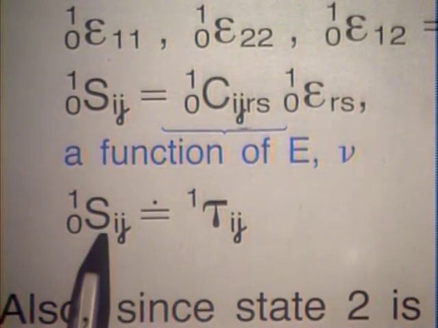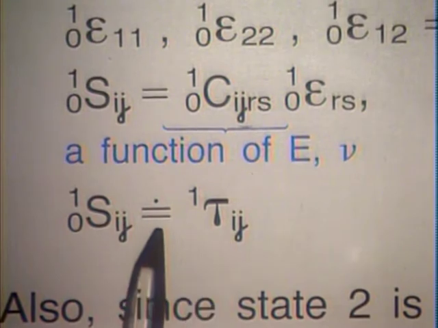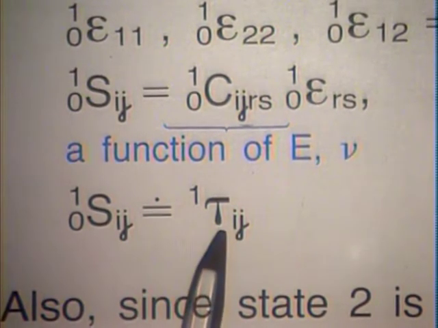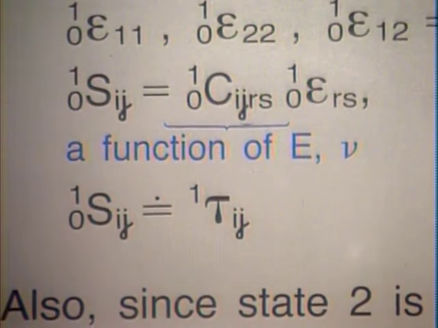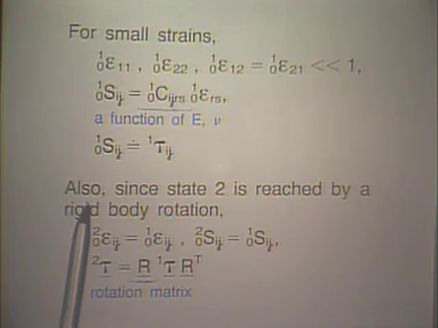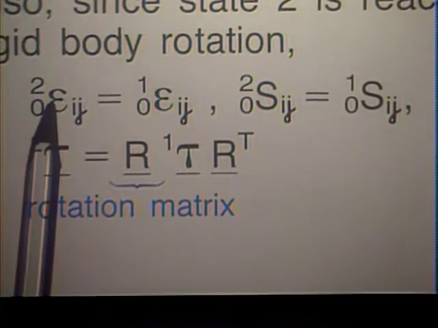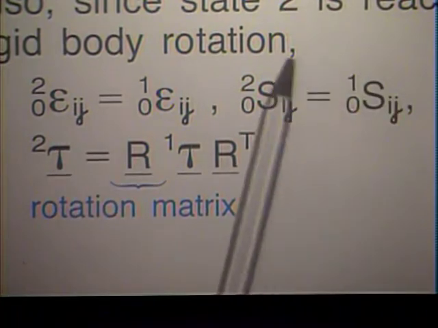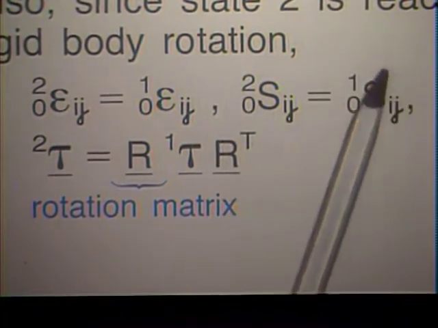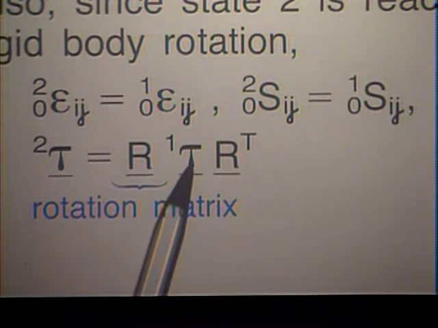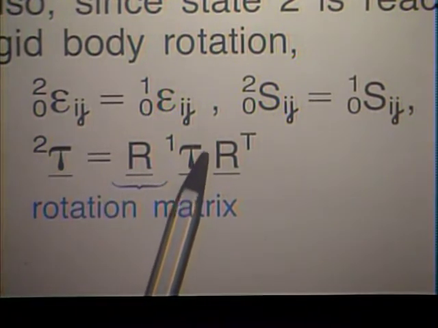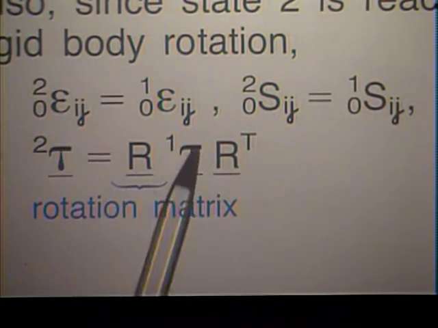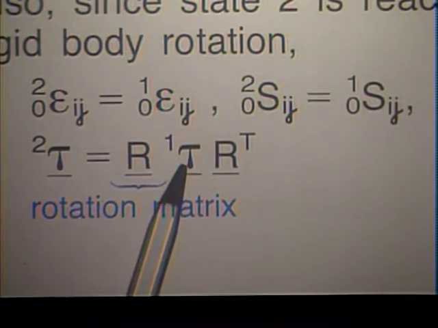Notice the second Piola-Kirchhoff stress is approximately equal to the Cauchy stress in state 1. Now, since state 2 is reached by just a rigid body motion, we find that this holds, as I already pointed out on the earlier view graph. We also find that this holds, and of course the Cauchy stresses in state 2 are obtained by a rotation of the Cauchy stresses in state 1.